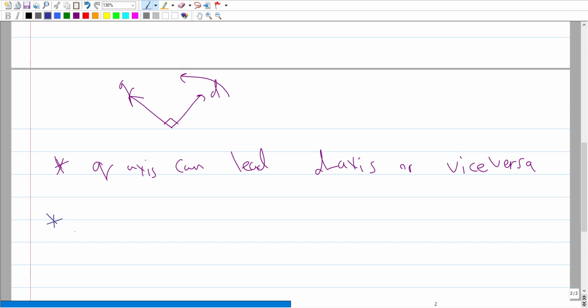Let me change the color. The other one is definition of the transformation angle, theta.